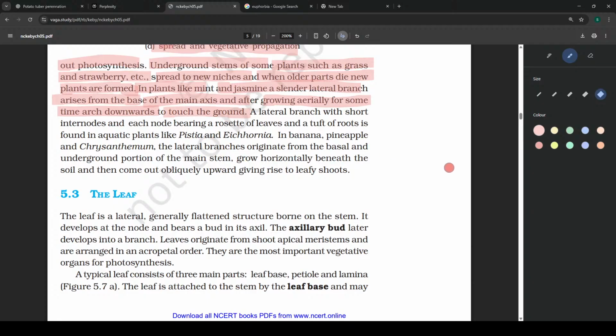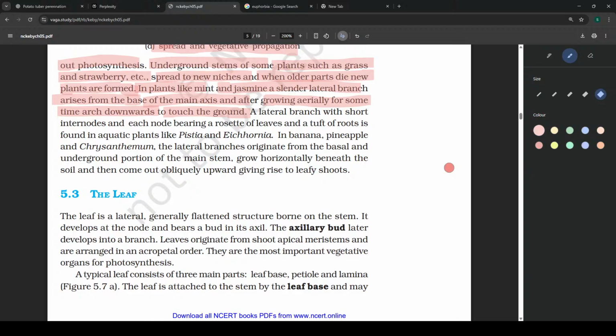Okay, let's read that again. Basically, in plants like mint and jasmine, there will be a main stem, and from this there will be a lateral branch. It will be very thin, very slender, and this will arise from the base of the main axis.